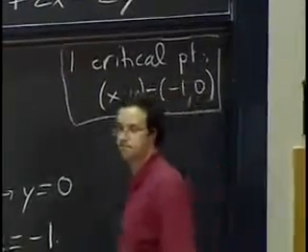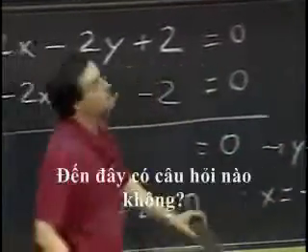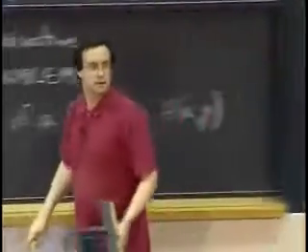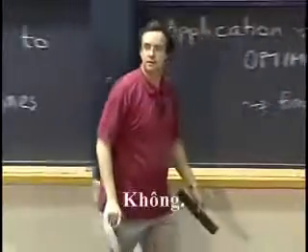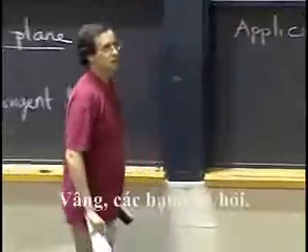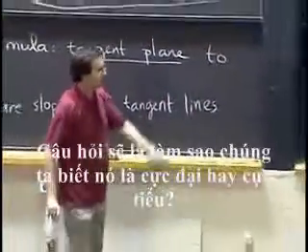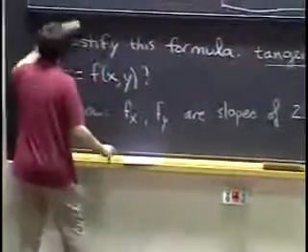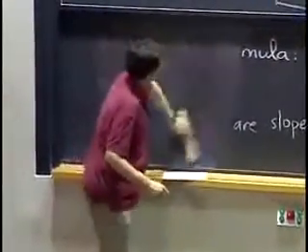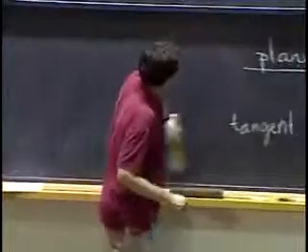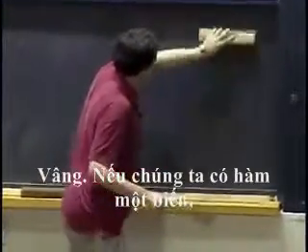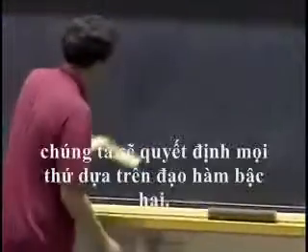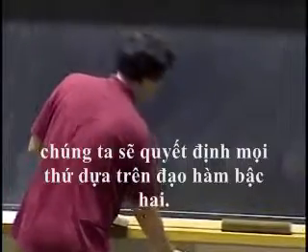Any questions so far? No? Well, you should have a question. The question should be, how do we know if it's a maximum or a minimum? If we had a function of one variable, we would decide things based on the second derivative.